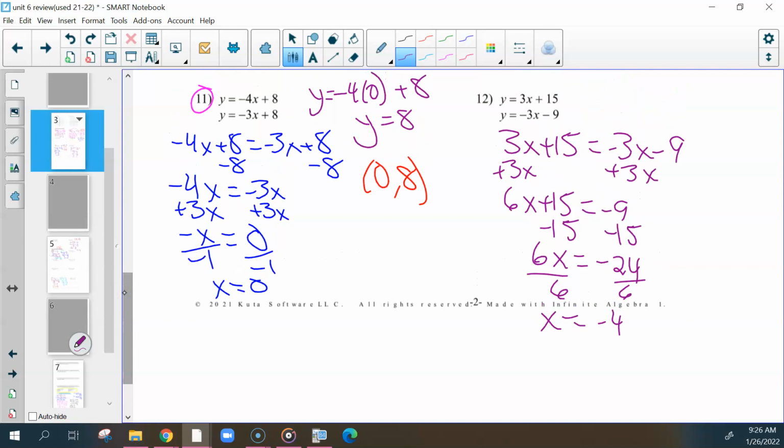And then put that back in to find y. Here I have negative 12 and 15. So y equals 3. So my ordered pair would be negative 4 and 3.